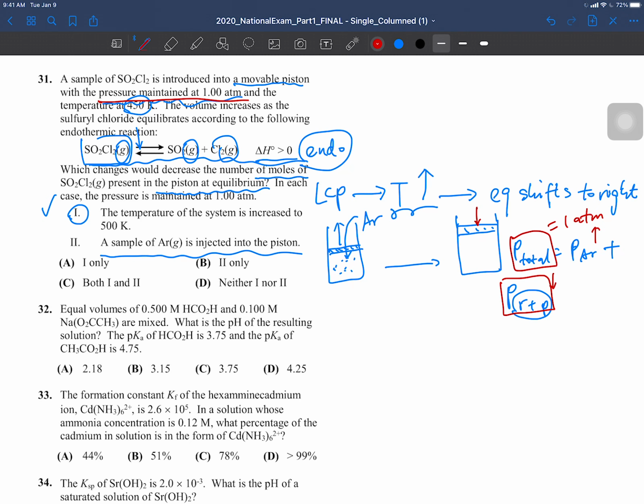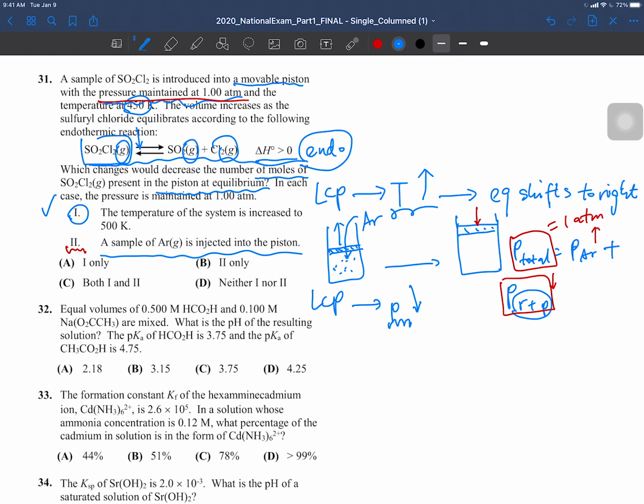So I think we can analyze this statement by using LCP. In LCP, if the pressure is decreased, this pressure is not the overall or the total pressure, it's the pressure of all reactants and products.